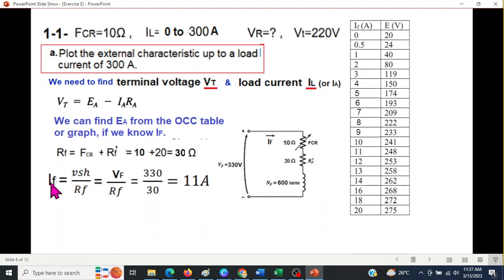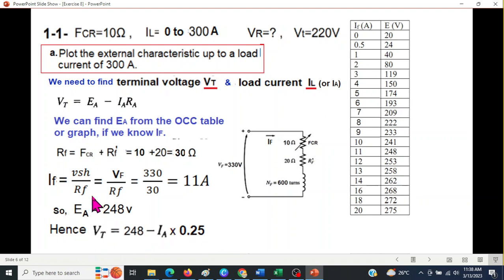So IF is V field divided by RF. V field is 330, RF from here is 30. So IF is 11 ampere. And now if we look at the table for IF of 11 ampere, the EA is 248 volts. So we'll use this. The EA is 248 volts from the open circuit characteristic table.